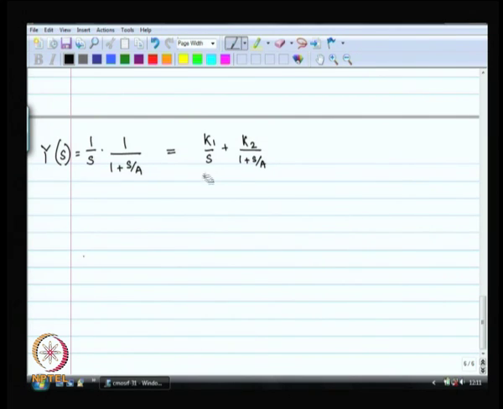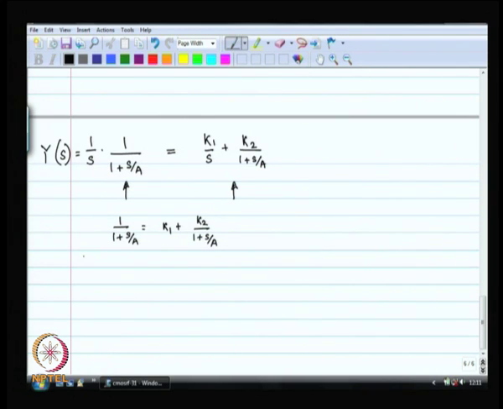Okay, let's do the partial fraction breakup. If I multiply both of these by s, then I am going to get 1 by 1 plus s by a is equal to K1 plus K2 by 1 plus s by a.